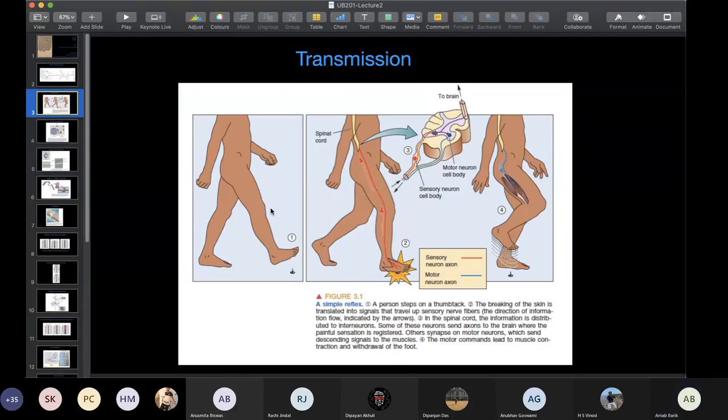That event, from the moment the pin pricked your skin to the entire behavior that you displayed, moving your leg immediately or jumping away from the spot, took just a fraction of a second.